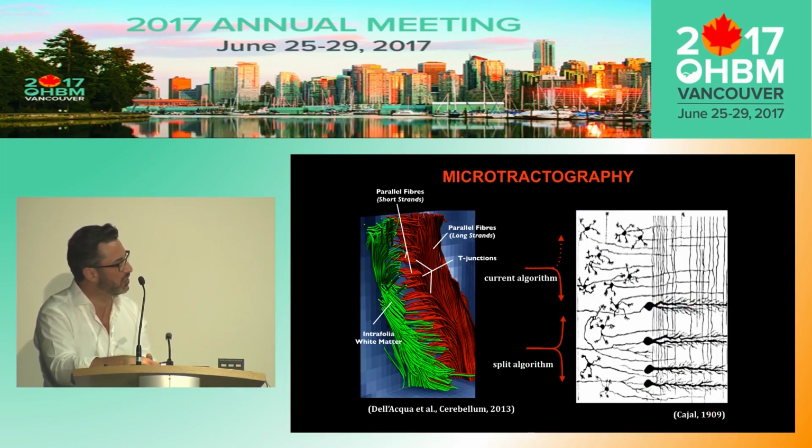But at this level, you will see streamlines that stop or have gaps in between that probably are due to the presence of Purkinje cells. Certainly, you have this T-shape that you're only able to see with histology.